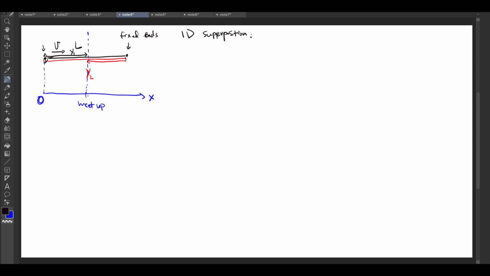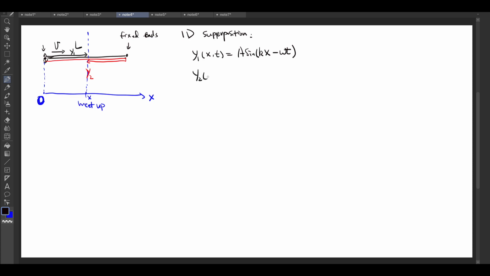Now this position here, when they meet, we call it x, relative to the origin O. So I can write down wave number 1 as y1 equals a sine of kx minus omega t, because it travels a distance x to arrive at this location.